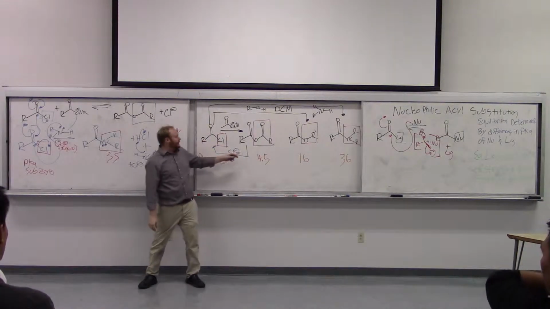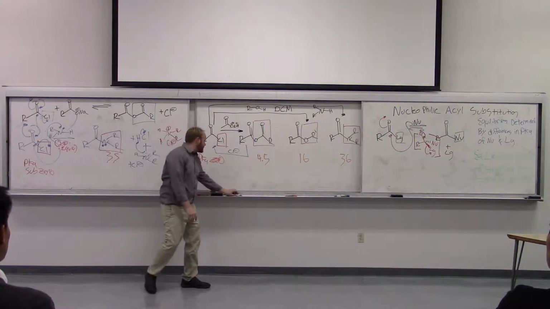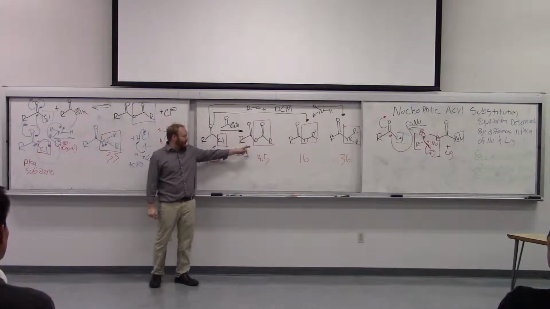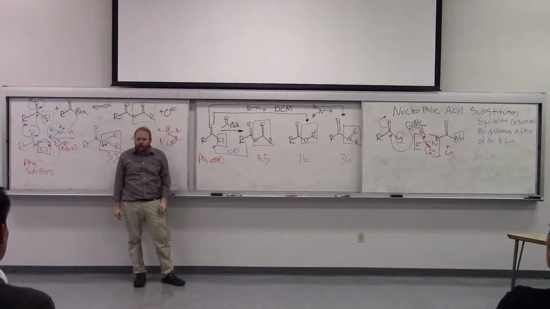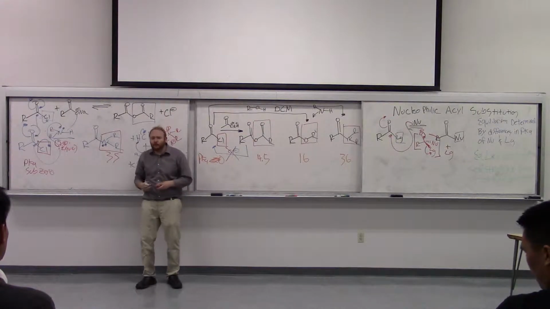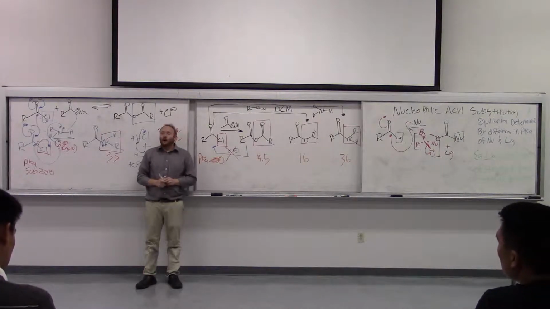Towards the acid chloride or the anhydride? Towards the anhydride, exactly. So if I ever give you a reaction somewhere in an exam or a final that says anhydride plus Cl minus goes to, the answer is no reaction. Or, equilibrium does not favor acid chloride synthesis under these conditions.